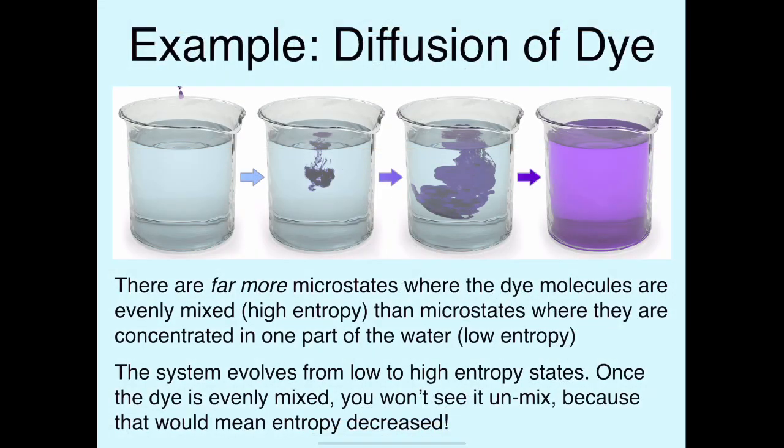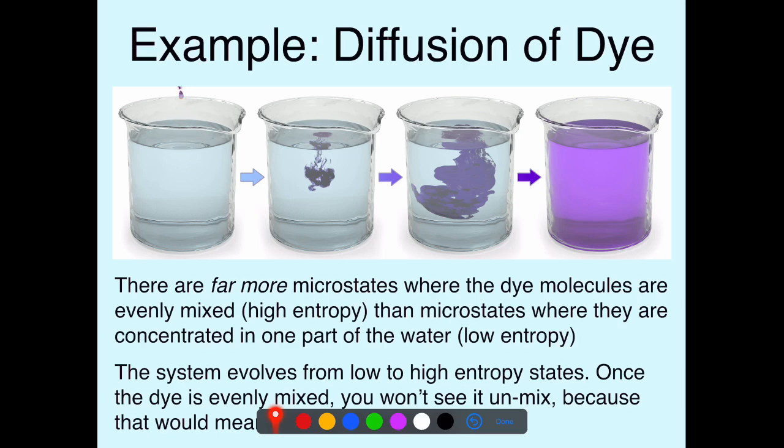Okay, so I want to take a look at an example where we can actually apply these ideas from stat-mech that we just talked about. And this is a diffusion of a dye. So imagine we have a dropper, and we take a little drop of food coloring or some sort of dye and drop it into this water.